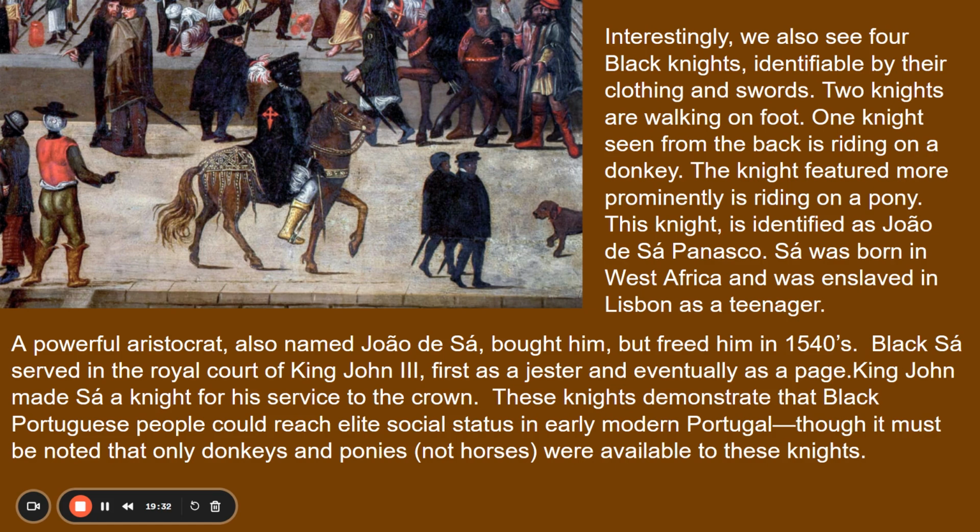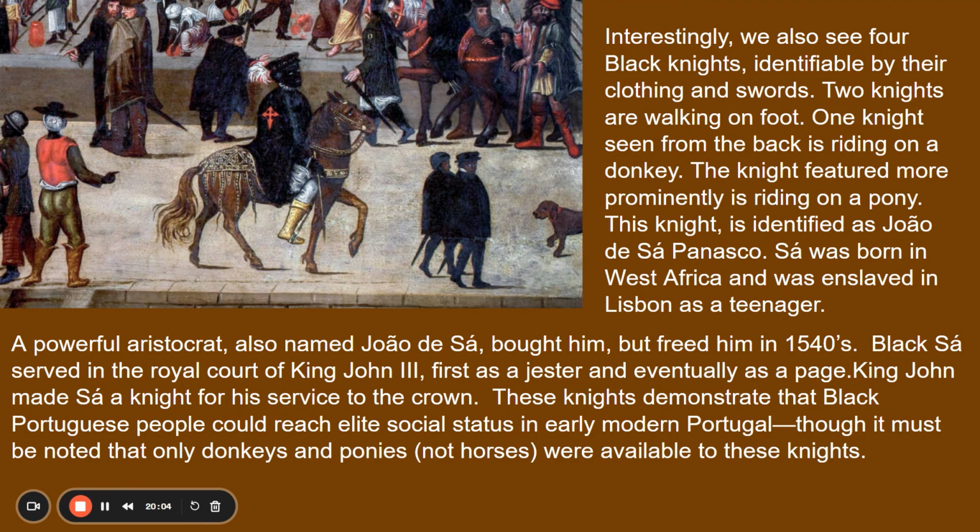When he got to Portugal as a teenager, in the slave trade, a powerful Portuguese aristocrat who was also named João de Sá bought him. It was very, very common for slave owners to rename their enslaved people. But this aristocrat later freed him in the 1540s.